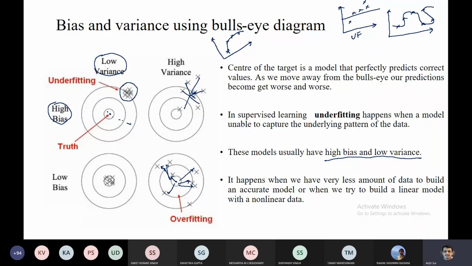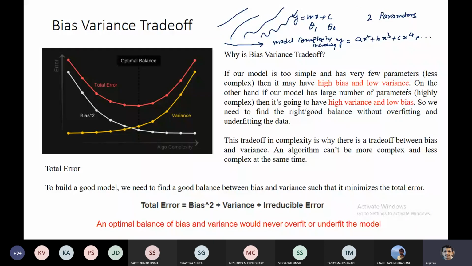That is high bias, and low variance, it is concentrated. High bias because the error is not that well accurately predicting the training sample. That's why it's a high bias, and low variance, it is clustered properly.